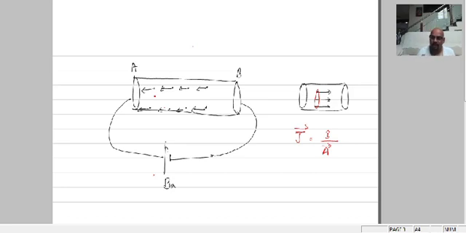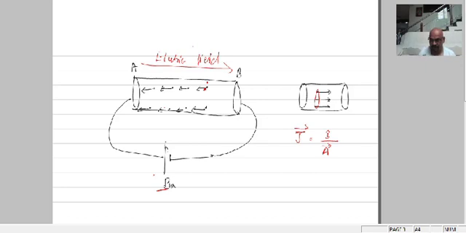Now, actually, what happens to these electrons when the electric field is applied in this direction? This is the external electric field applied with the help of this battery. When the electric field is applied, notice that this particular electron, being a negative charge, will experience an electric force in the direction opposite to the applied electric field.